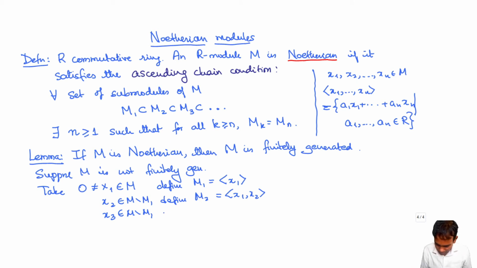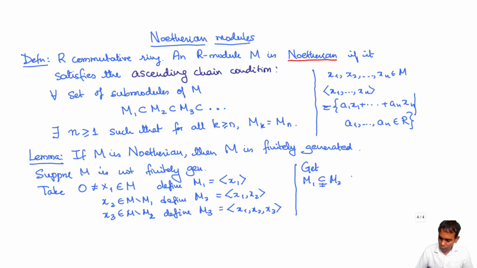So now you get the idea, right? Now I take x3 in M minus M2 and I define M3 to be the submodule generated by x1, x2, x3. Proceeding in this manner, I get M1 properly contained in M2, properly contained in M3, and so on, an infinite chain.